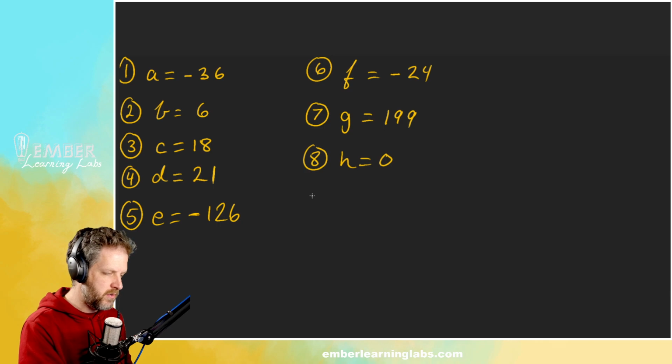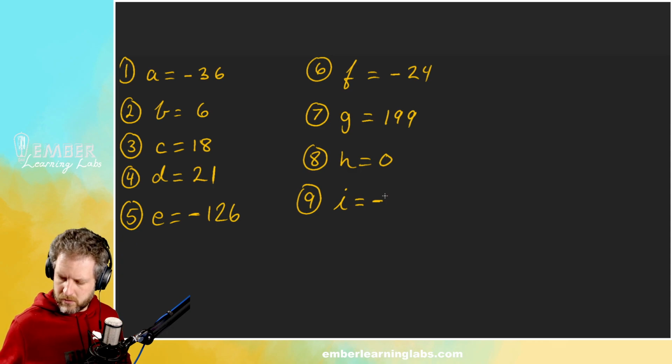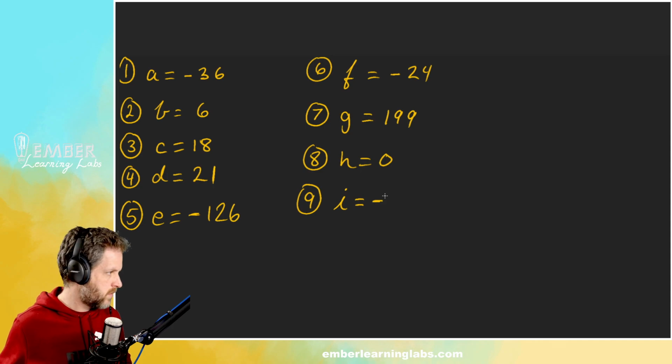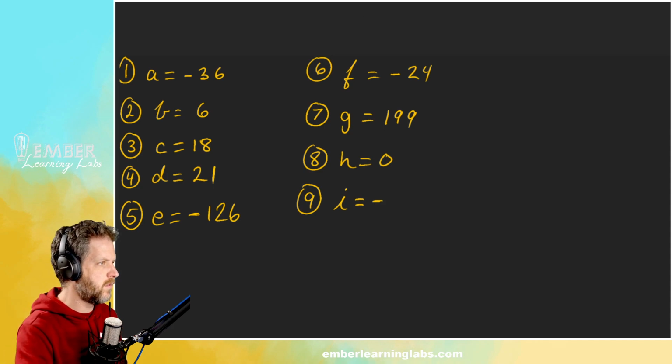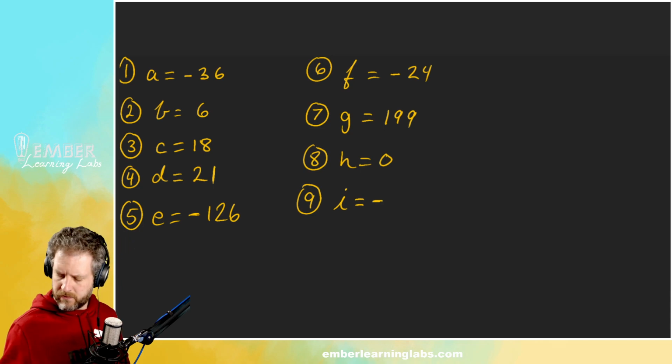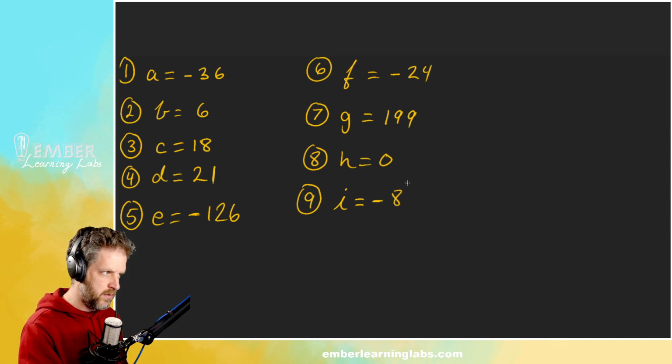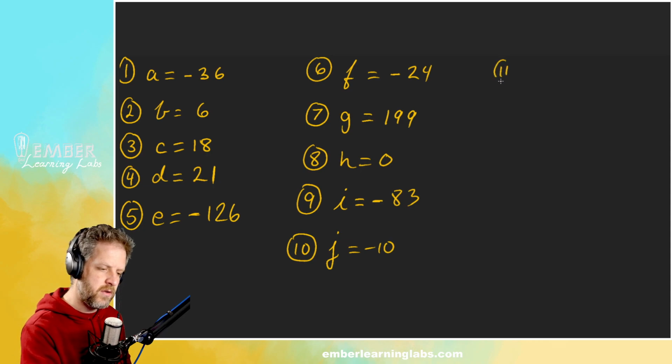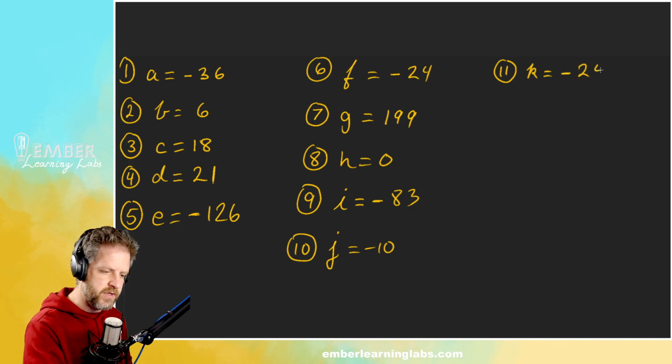H equals 0. Negative 83. And then 10 is J equals negative 10. 11 is k equals negative 24.